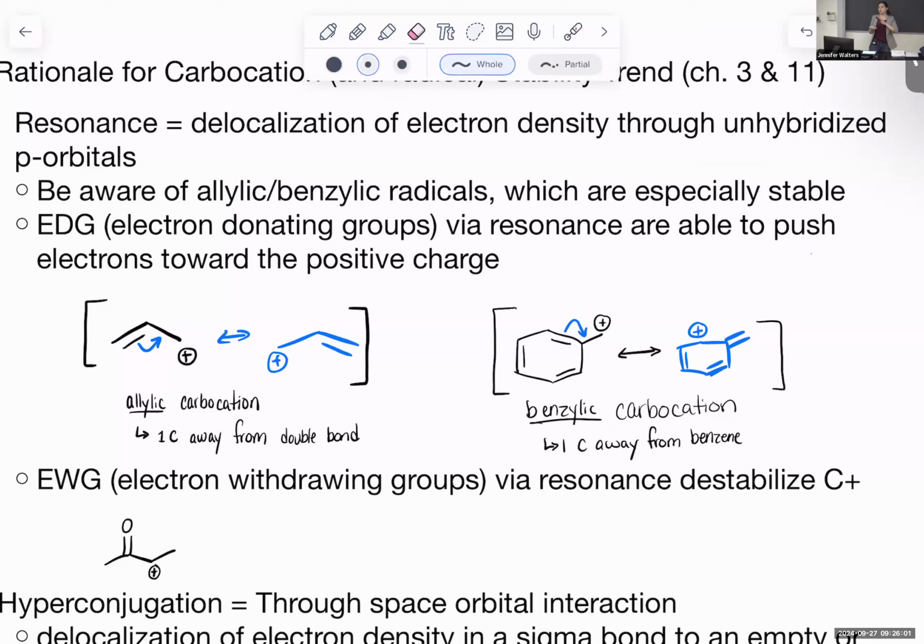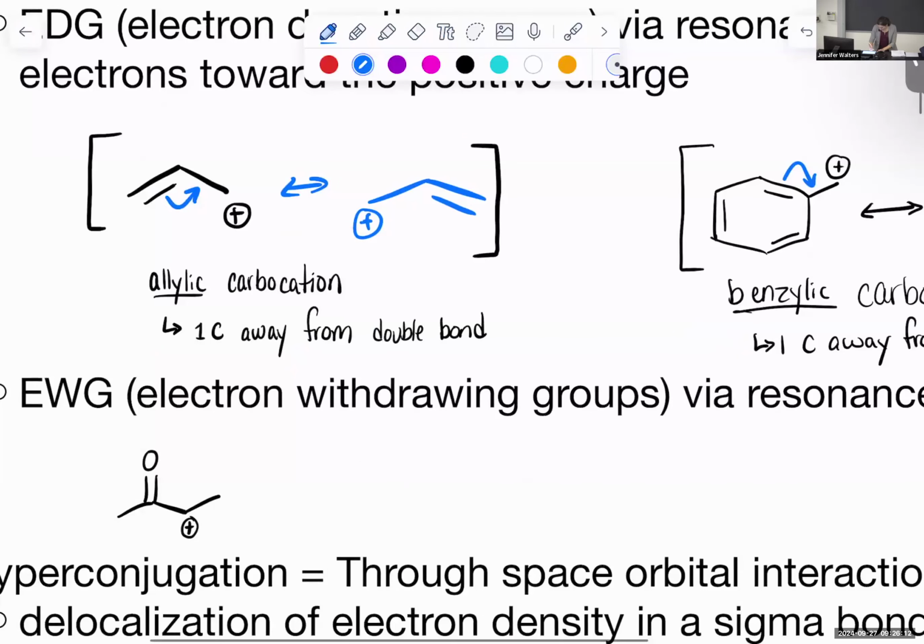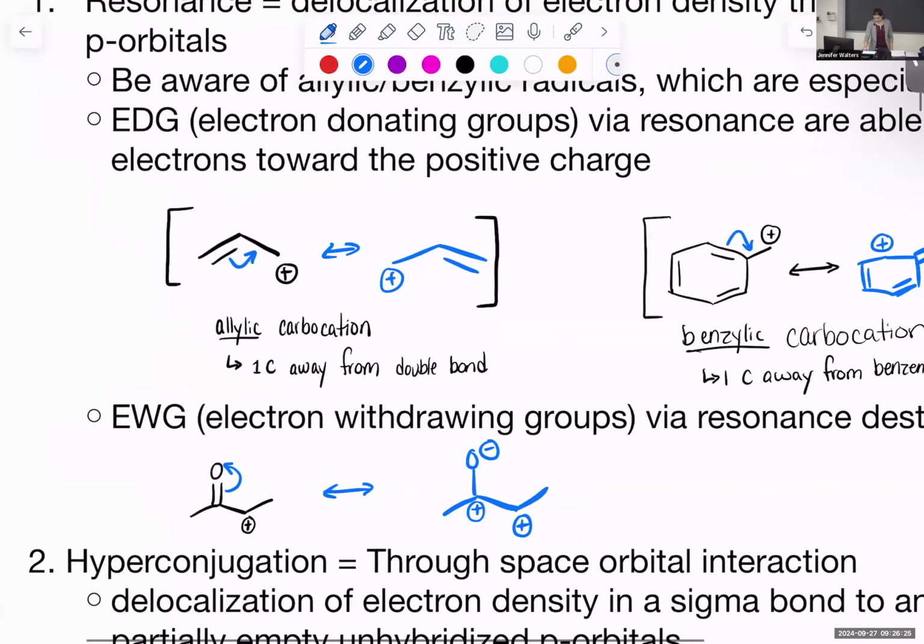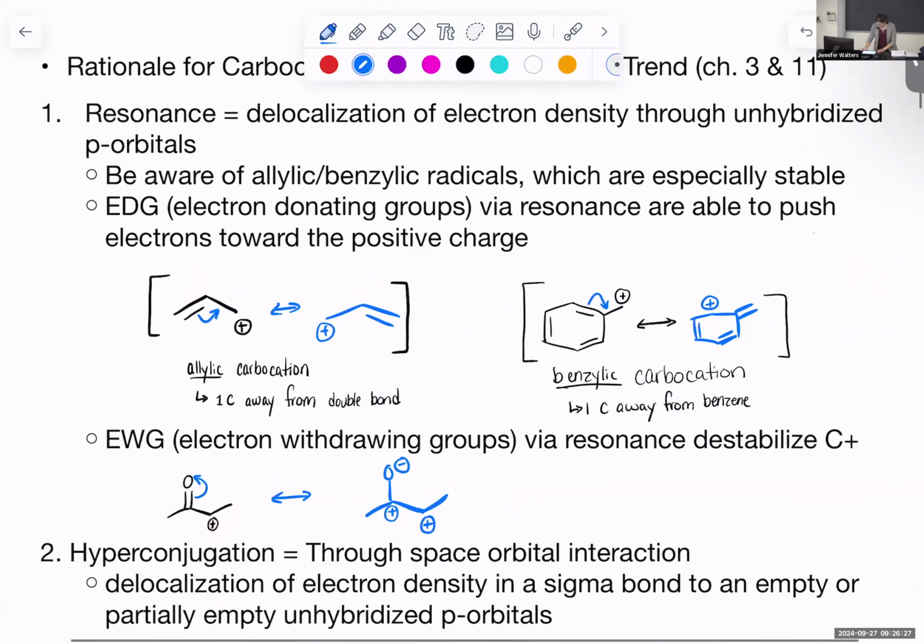So anything that is going to pull electron density away from already not having electrons is going to make it less stable, higher energy. So if we think about this electron withdrawing group, something that is pulling electron density away from a site where I already don't have electrons, that is especially destabilizing. Higher energy, less stable, less favorable.